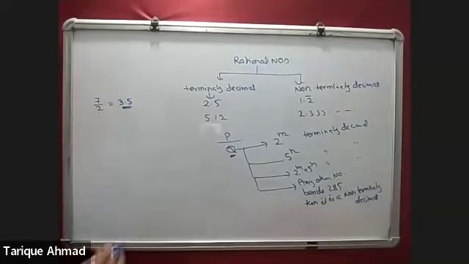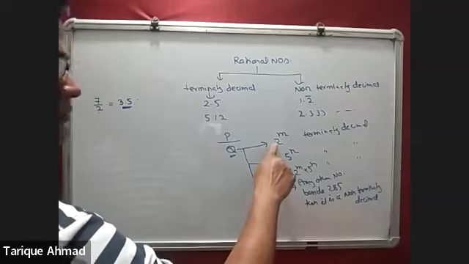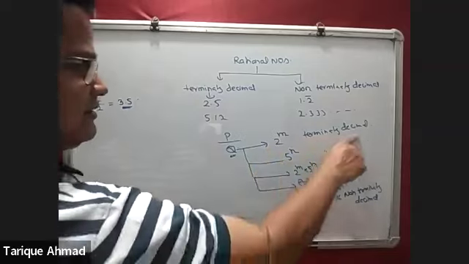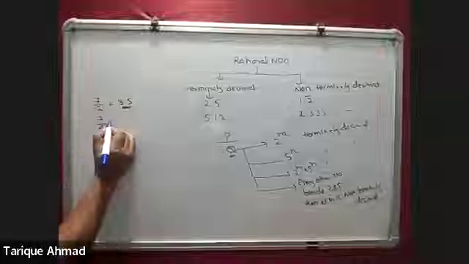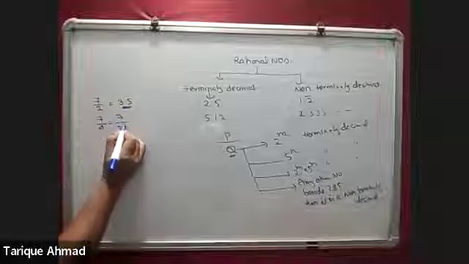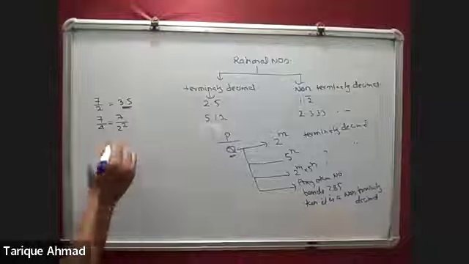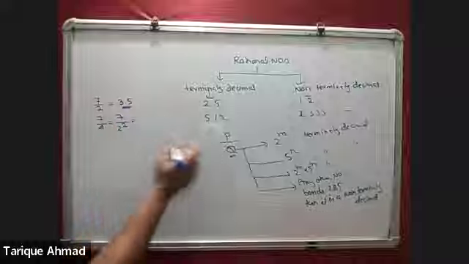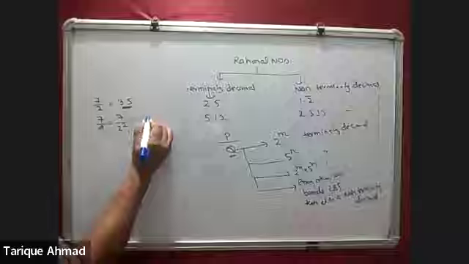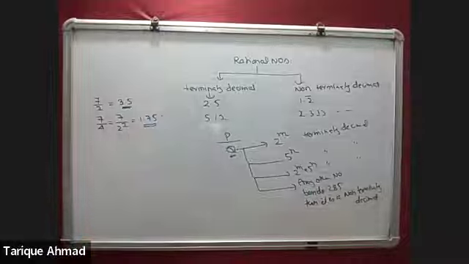It terminates. Rule says if denominator contains only factor of 2, then it is terminating decimal. Suppose 7 by 4. 7 by 4 is 7 by 2 square. Again, it contains power of 2, so again this is terminating decimal. If we divide, we get 1.75. See, it terminates.